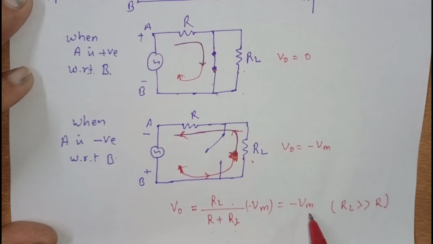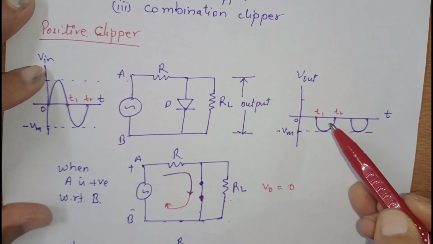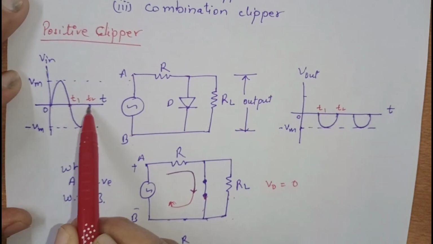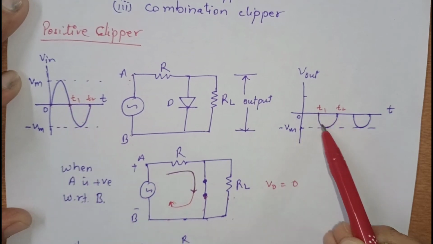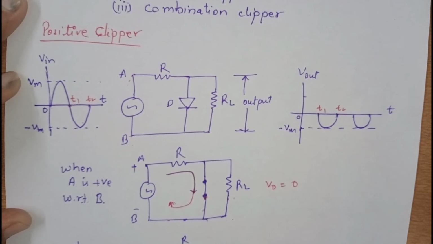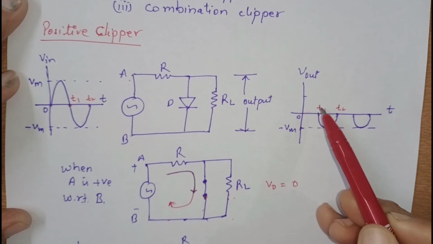So the output voltage will be equal to minus Vm from T1 to T2. This is a positive clipper because we have removed the positive portion of this wave.